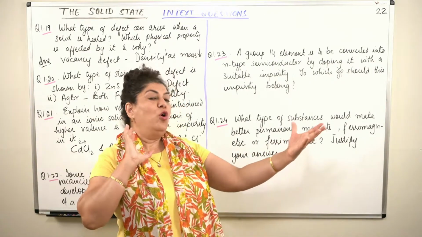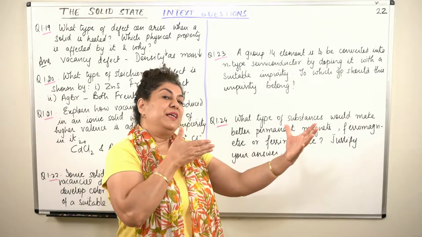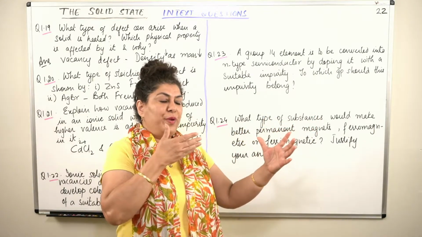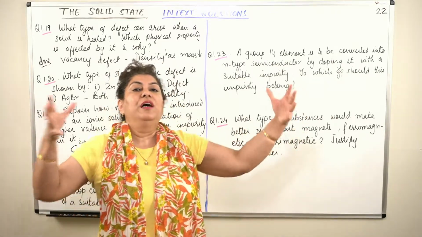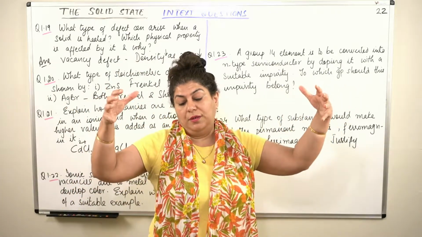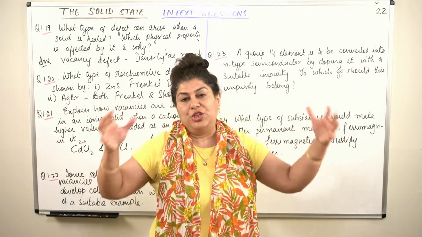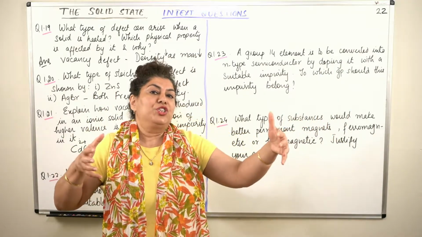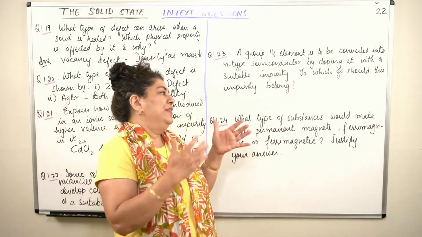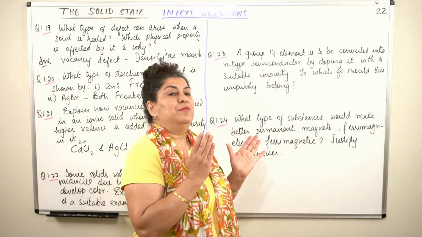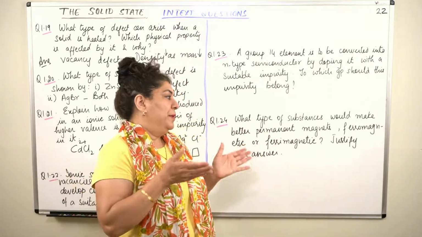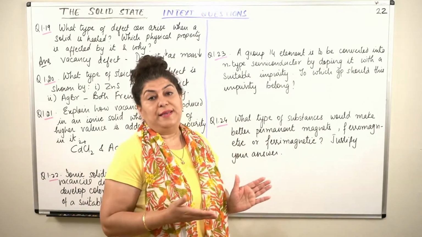The domains, all of them, start pointing, the north and the south of the domains align to the magnetic field which is applied, all of them, all the domains align themselves. And even when you remove that magnet, the domains remain aligned.